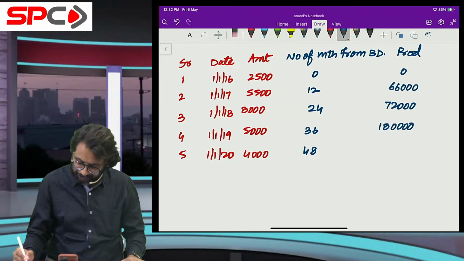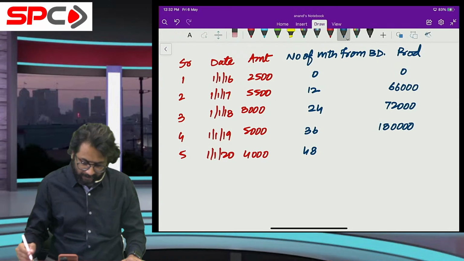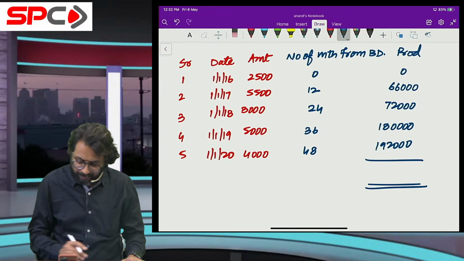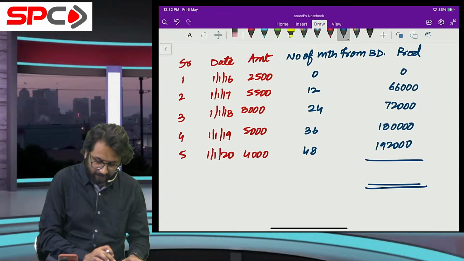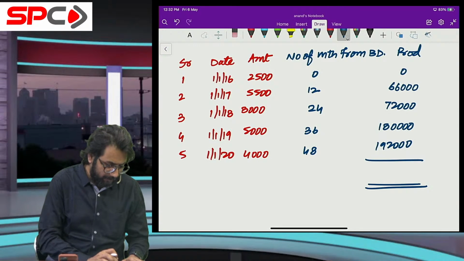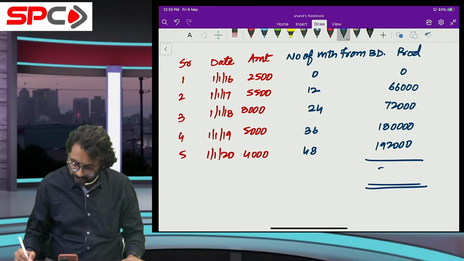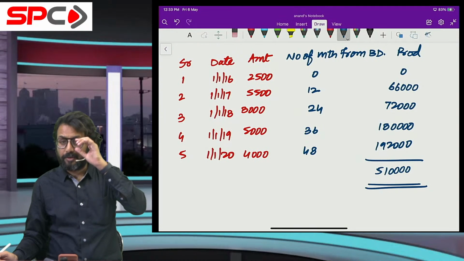And the last one, 4,000 into 48, 1 lakh 92 thousand. Can you please take the total of this? Five lakh 10,000. Do you all agree?